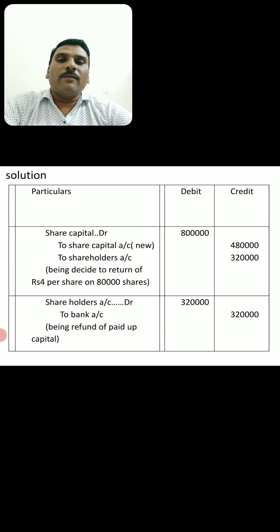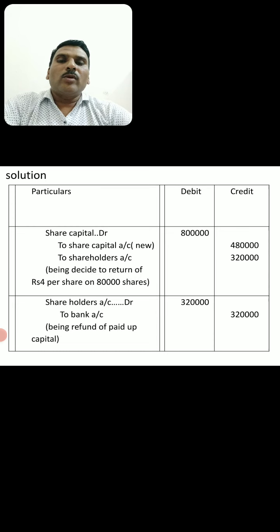For repayment of excess amount to the shareholders, the journal entry is share capital account debited to share capital account and to shareholders account. Here share capital is 8 lakh. The new share capital after reducing is 4,80,000, and to shareholders the excess amount, that is 4 per share, is to be repaid, meaning 3,20,000.